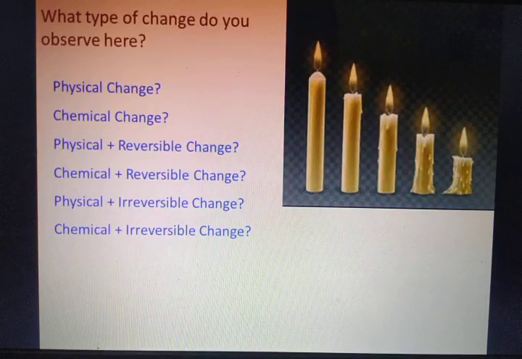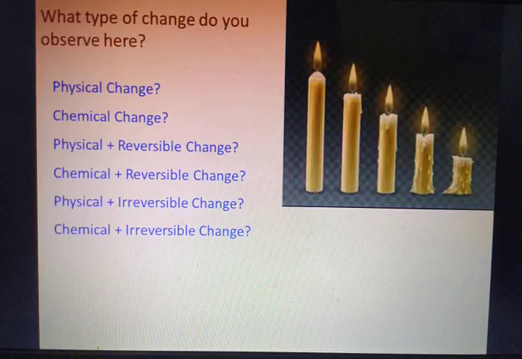Okay. Now over here, many options are given. This is basically both: one is physical plus irreversible change, rather not physical plus irreversible change, physical plus reversible change, and chemical plus irreversible change.